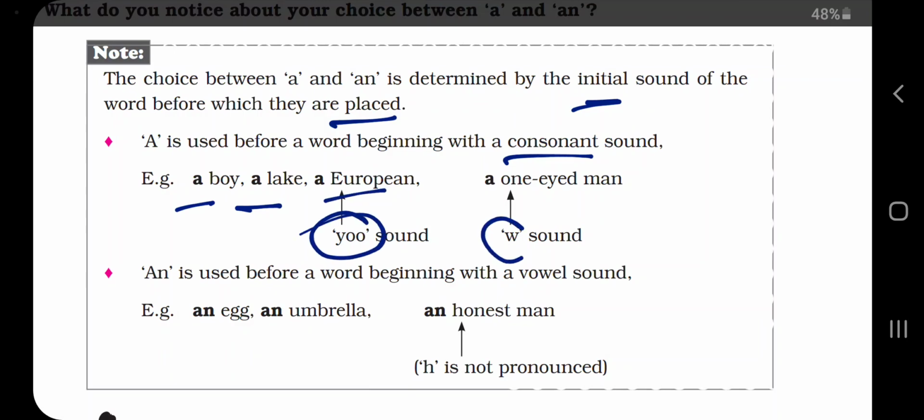Or one, the sound is W. Even though O is a vowel, E is a vowel, we are using the article a before these. An is used before a word beginning with a vowel sound: an umbrella, an egg, an honest, because H is not pronounced, it is silent.